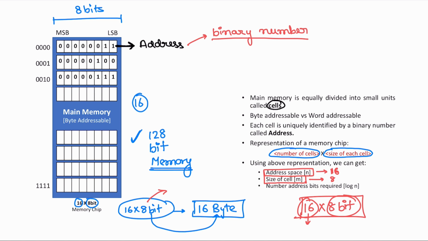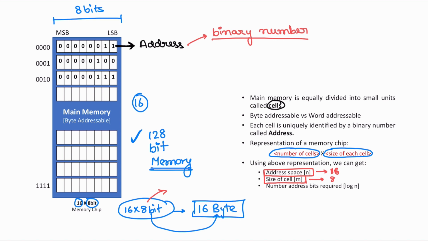So using these two pieces of information, what can we deduce? Since the entire memory is divided into cells and each cell has some capacity, if we sum over the capacity of all the cells, we will have the capacity of the entire memory chip.